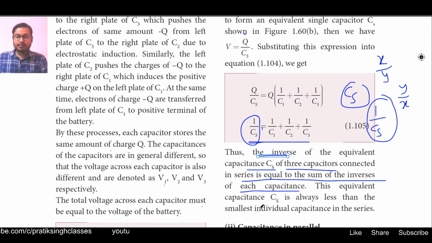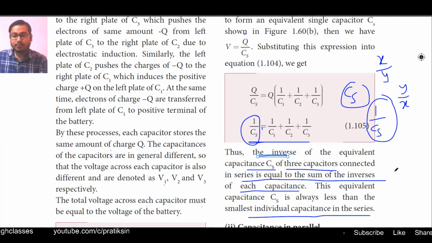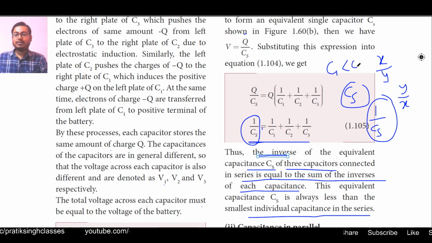This equivalent capacitance CS is always less than the smallest individual capacitance in the series. That means suppose the capacitances of the capacitors are C1, C2 and C3, and suppose C1 is smaller than all of the capacitances, that is C1 is smaller than C2, which is smaller than C3.